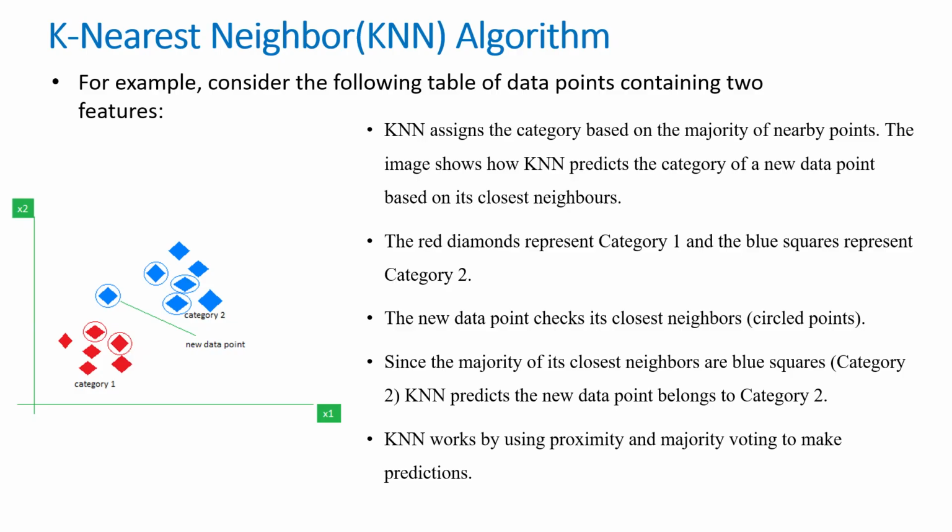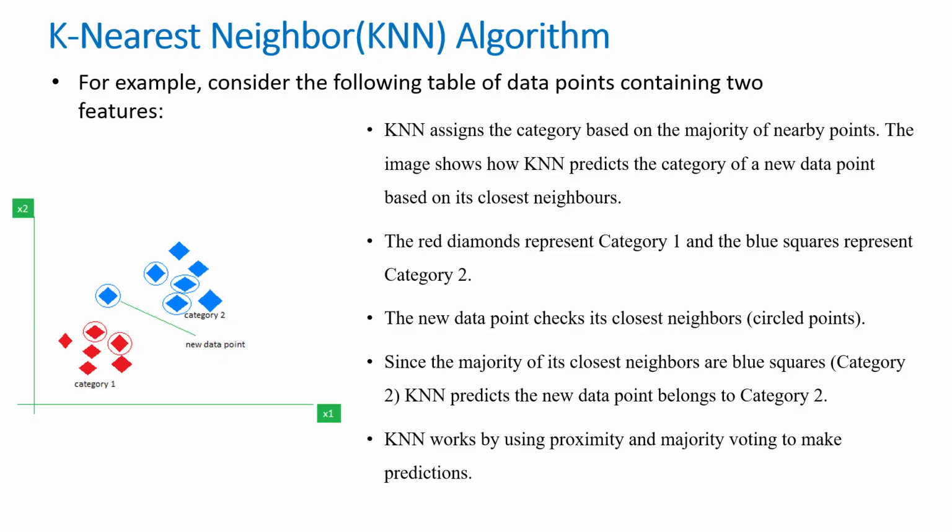In that, the majority vote is for the blue category. So the new data point is closest to the blue squares, and it will be categorized into the same one.